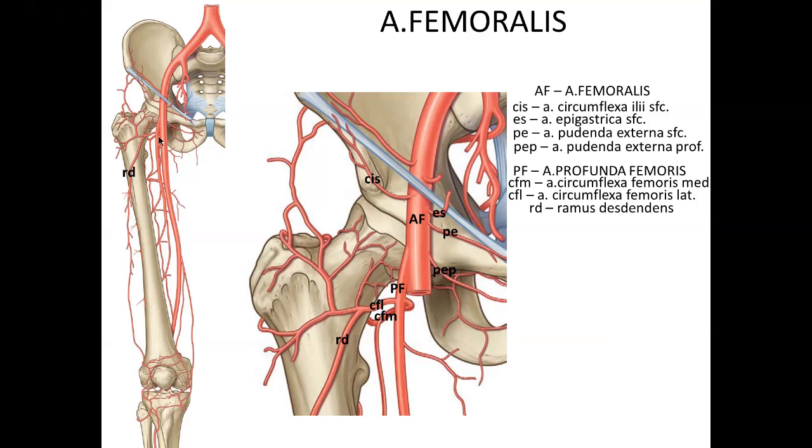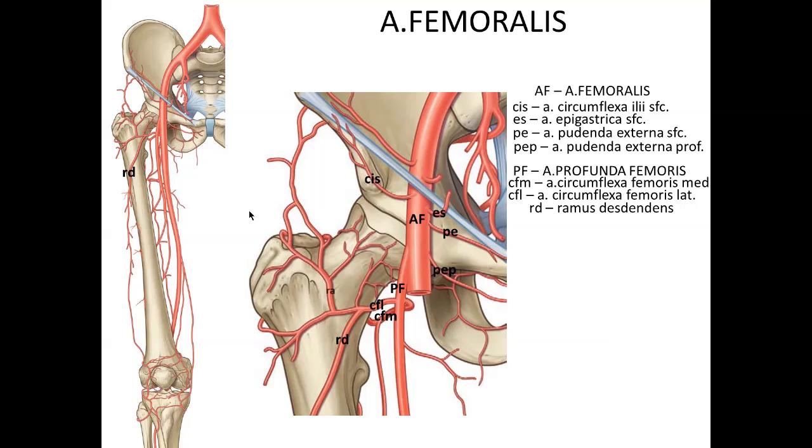You can see that it's quite long, practically from the upper part of the thigh it reaches the ankle, and it could be 30 or in very tall people 50 centimeters, quite long. So this is an additional branch, ramus descendens, arteria circumflexa femoris lateralis. Here it is again.